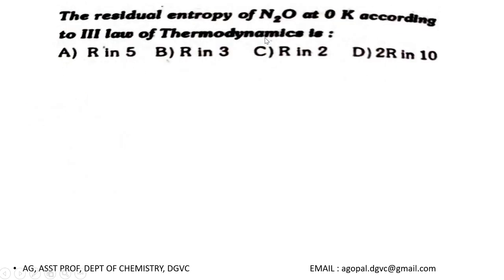Then the next question: the residual entropy of N2O at 0 Kelvin according to the third law of thermodynamics is. You know very well, according to the third law, for a perfect crystal, entropy at 0 Kelvin should be 0.